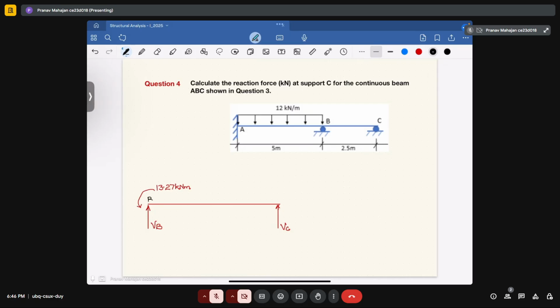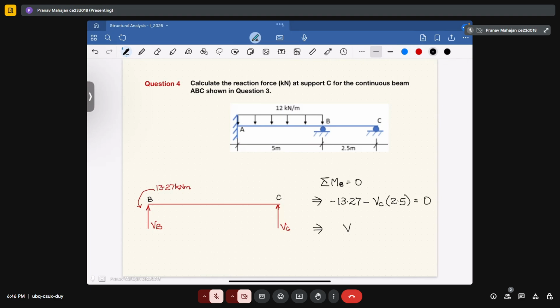So this is your B, this is your C. If we take summation of moment about B to be equal to 0, that will give you minus 13.27 and minus of VC into the length, that is 2.5, to be equal to 0.